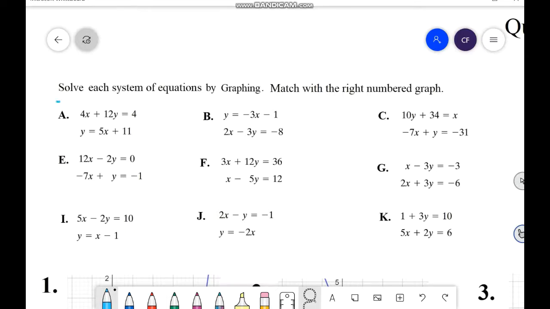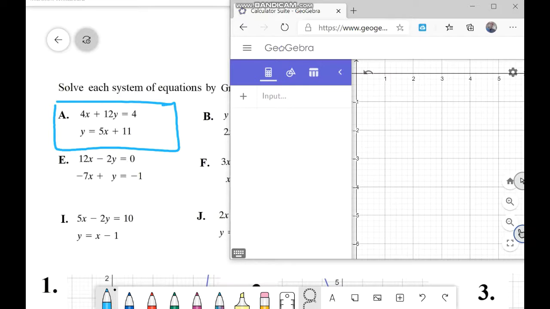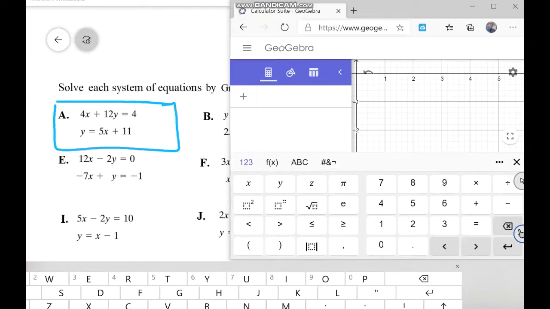So we have this system of equations. If you want, you can use the graphing calculator. Type each equation into the graphing calculator. The first line, 4x plus 12y equals 4, and enter.